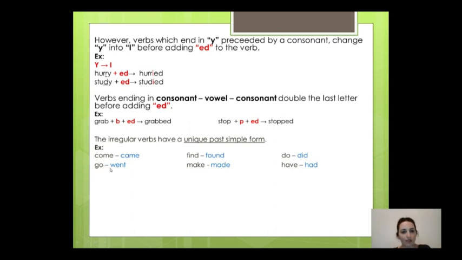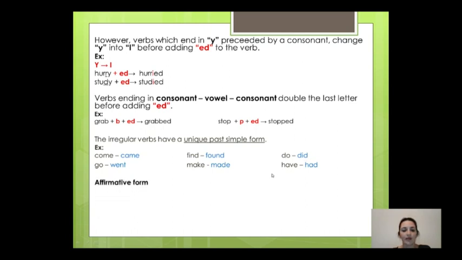Go, its past form is went. Find, found. Make, made. Do, did. Have, had. This one is particularly important for us.